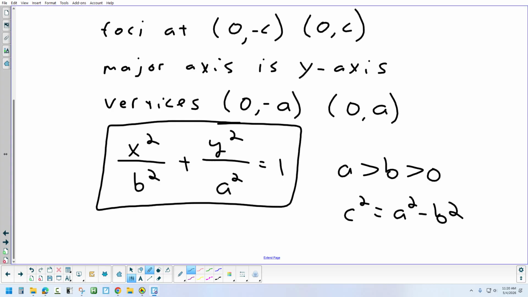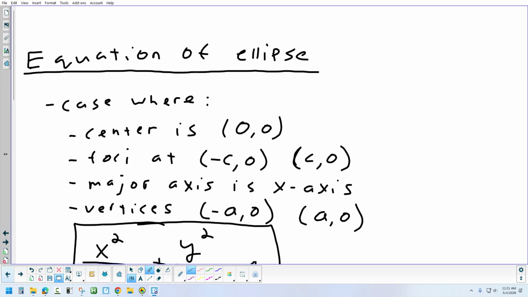And what do we know about the relationship between A and B? That's the connection, yeah? B is the smaller one, so A is the bigger one. Whatever letter A is under is going to be the direction that your ellipse goes. If the bigger number is under Y, that gives you a vertical ellipse.